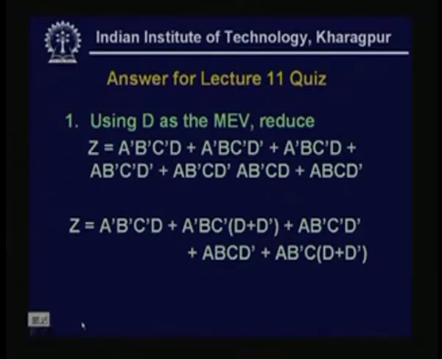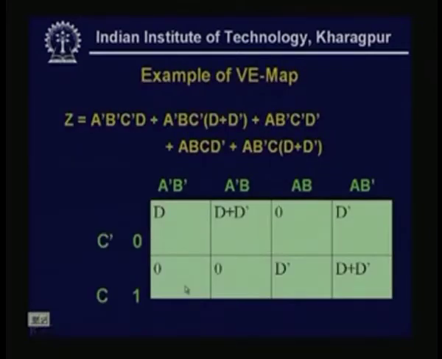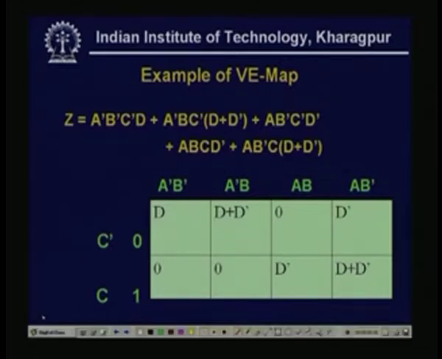Now, if we use the normal K map, as it is a 4 variable function, it should be 4 by 4, meaning a maximum of 16 min terms. Now, we are reducing one variable and taking D as the MEV, so that it becomes a 3 variable map A, B, C. How will we do that?